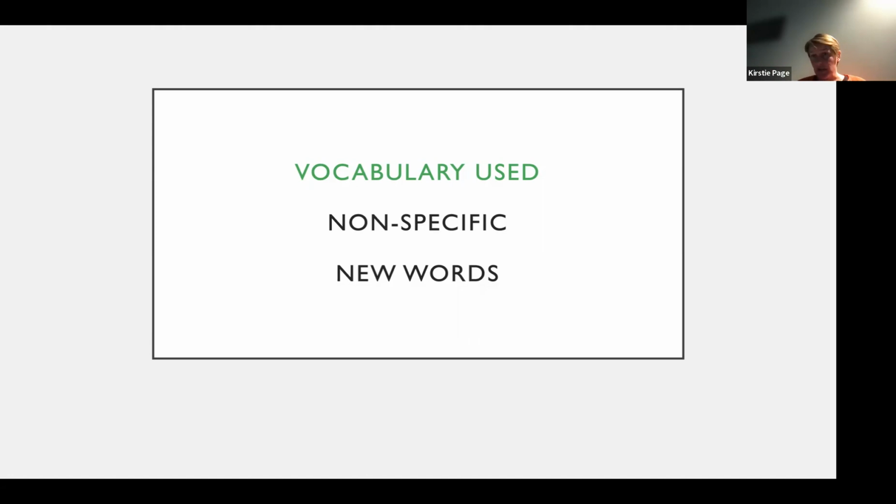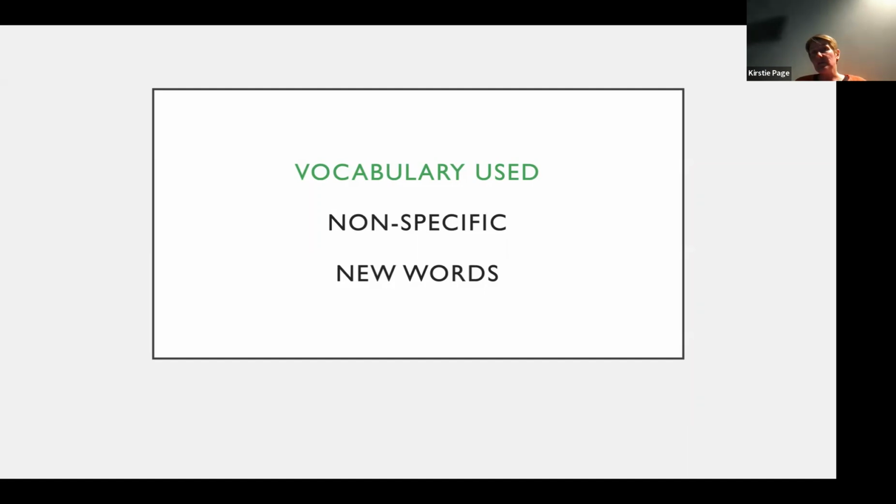And as adults, we use those words a lot as well. But sometimes children over rely on that non-specific vocabulary because they don't have the more specific words. And when they're linking words together, it's easier to link them together with generic non-specific words. And that's about making sure that we're modeling those more specific ones.